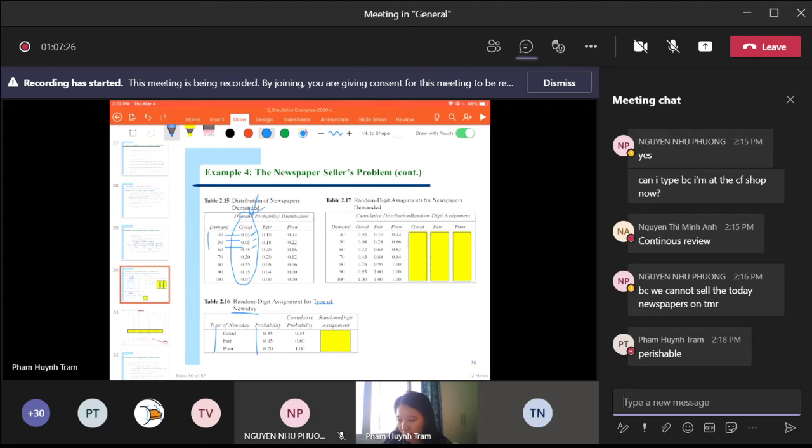If you sum up this column, you will get 100. This is on a good day. Now, if it is a fair news day, this is the probability distribution. Demand also varies from 40 to 100, but with a different probability distribution. And this is the probability distribution on the poor day.